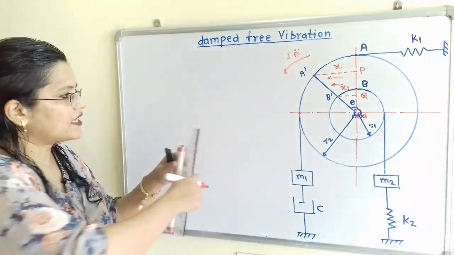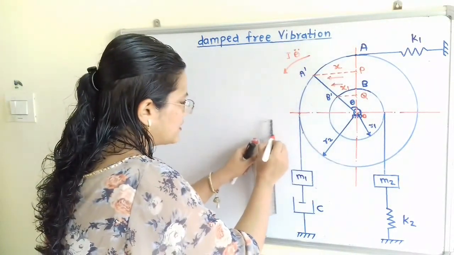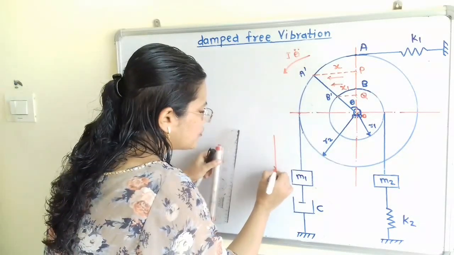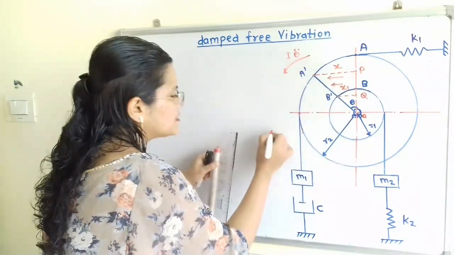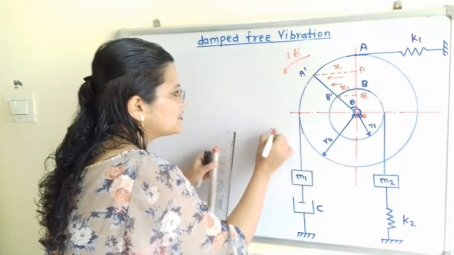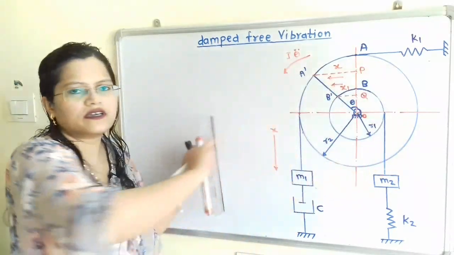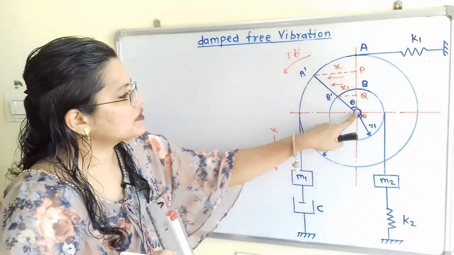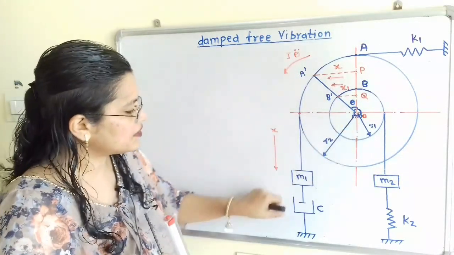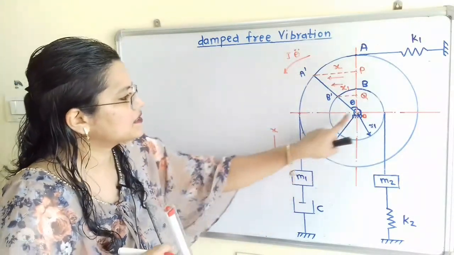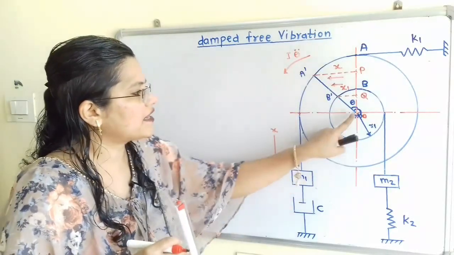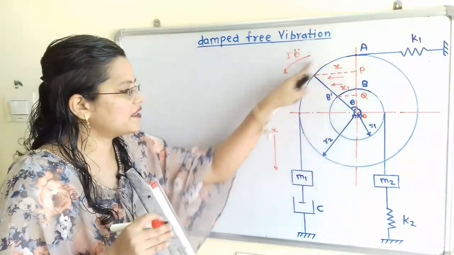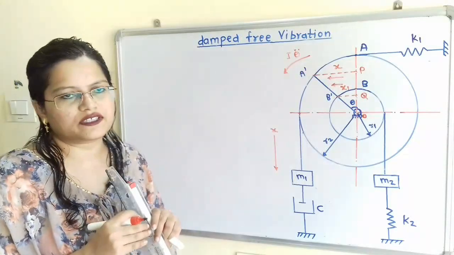So its direction is downward. So the direction of the displacement is downward and the displacement is x for the outer disc. Now why is it in the downward direction? Because if we observe the center, these elements are placed on the left-hand side of the center, and that's why it will move in the downward direction.